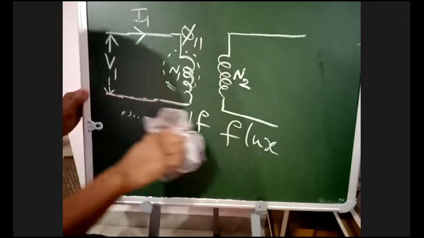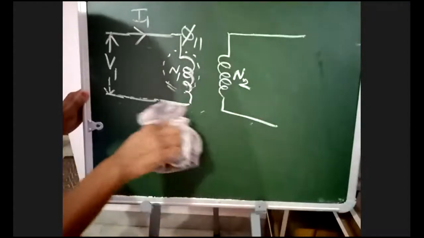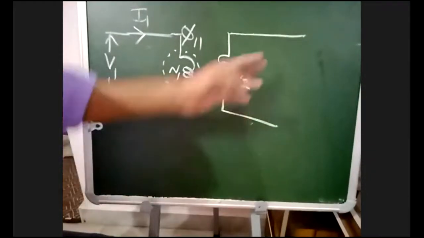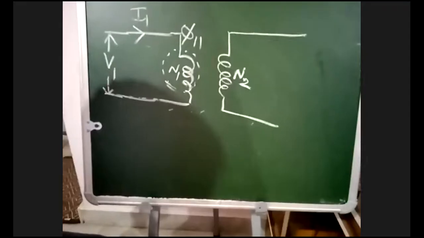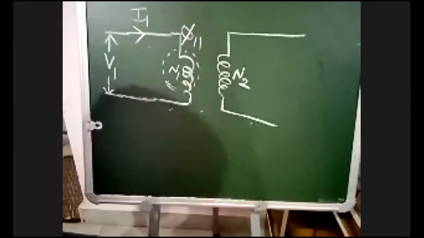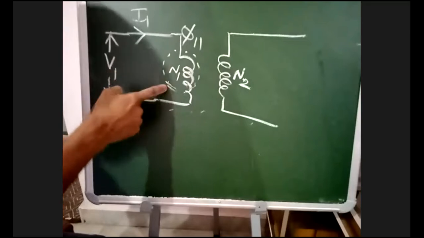Okay, now see here. Now is the secondary winding open circuited or is a closed path there? Open. What is the current in the secondary winding? Zero. See here, there is no current. Now here Phi11 is the flux in the first coil.